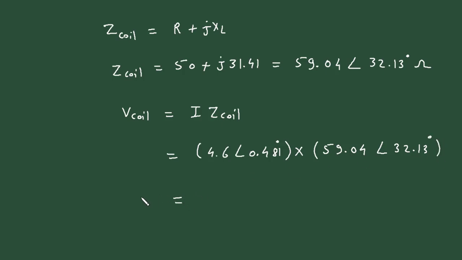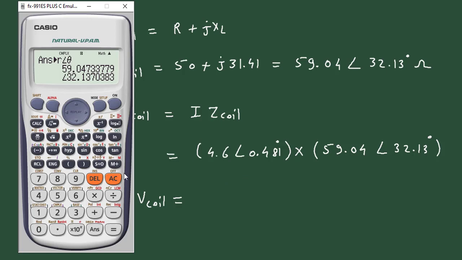If we solve this, we get V coil is equal to 4.6 at an angle 0.481 multiplied with 59.04 at an angle 32.13 in brackets.